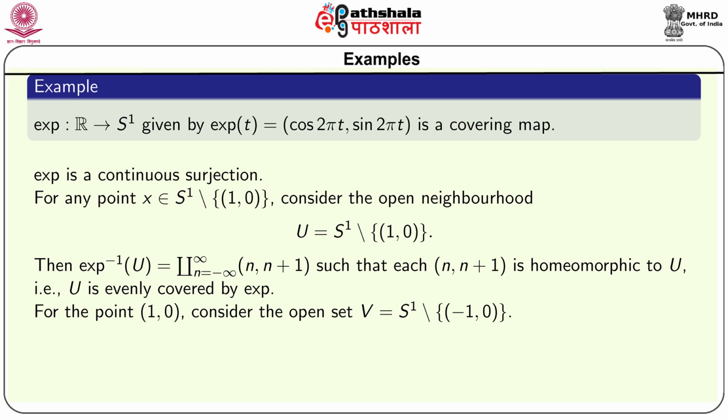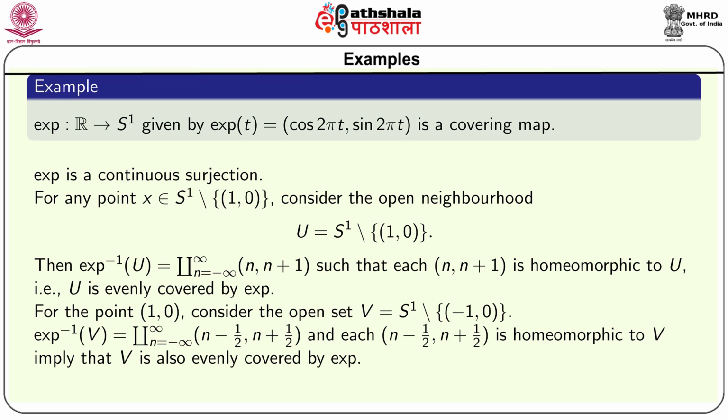Now, for the point (1, 0), if we consider the open set V as S1 minus (minus 1, 0), then exponential inverse of V can be viewed as a disjoint union of the open intervals (n minus half, n plus half), where n varies over the set of integers, and each interval (n minus half, n plus half) is homeomorphic to V. So, V is also evenly covered by exponential. Therefore, exponential is a covering map, and thereby the real line R becomes a covering space of S1.